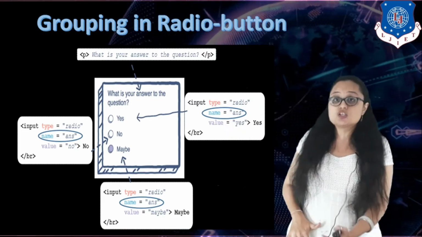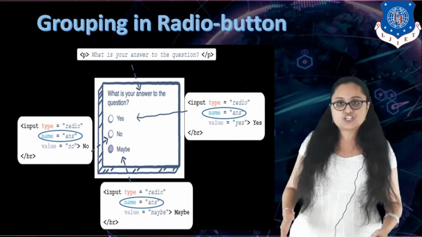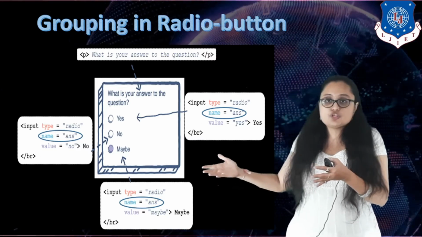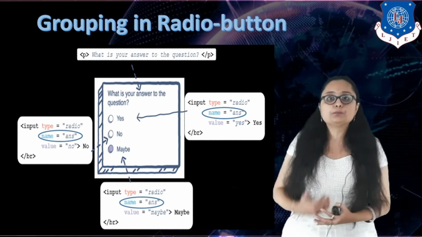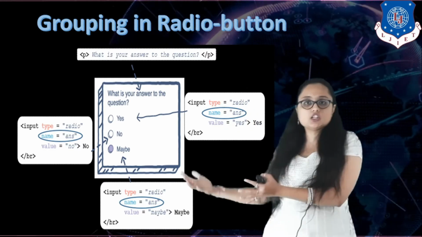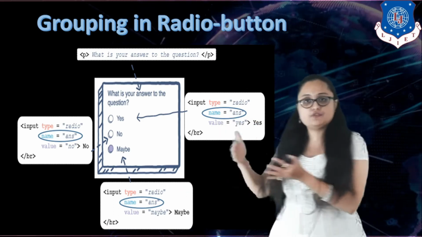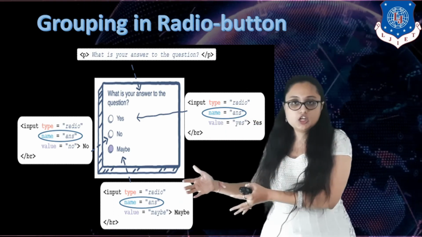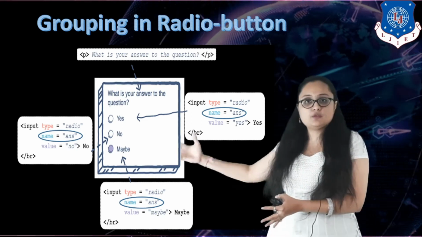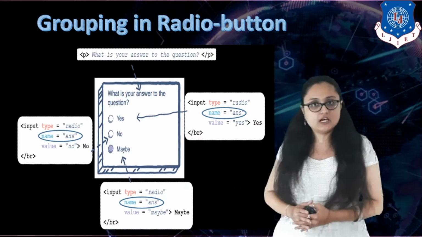Now it is a possibility that during your form creation, you might have another group of radio buttons from which you want to take input from the user, right? So for another group, for example, a gender group in which you want male or female, you will give different name attributes to that particular group of radio buttons.